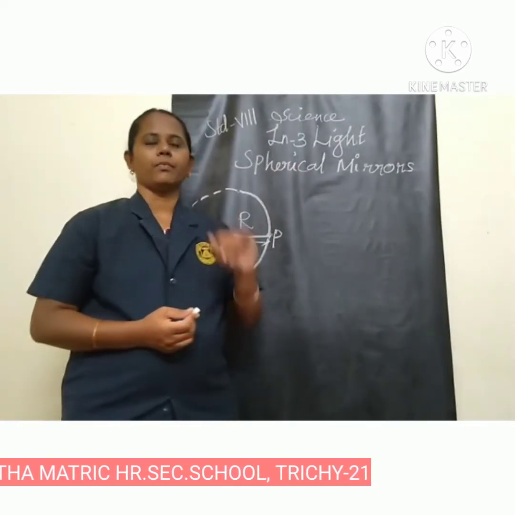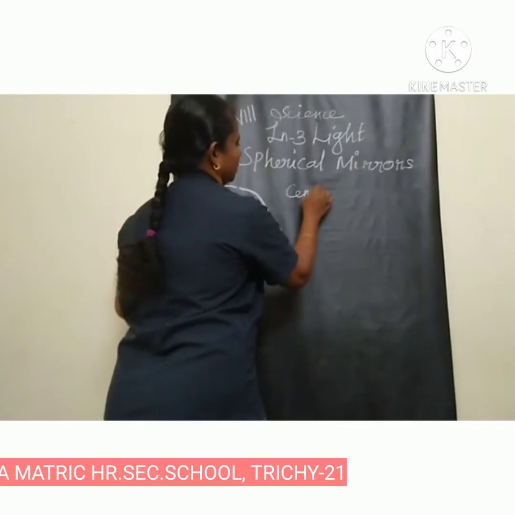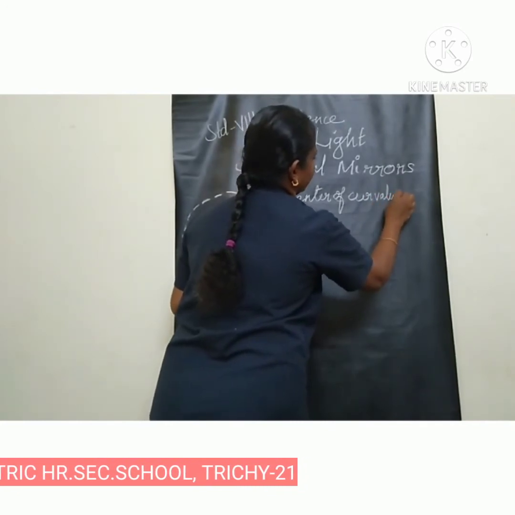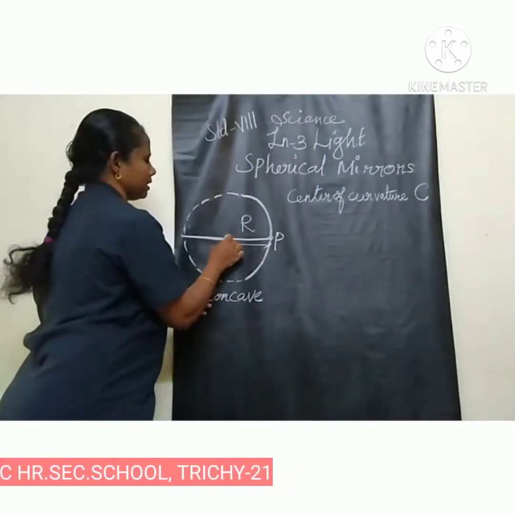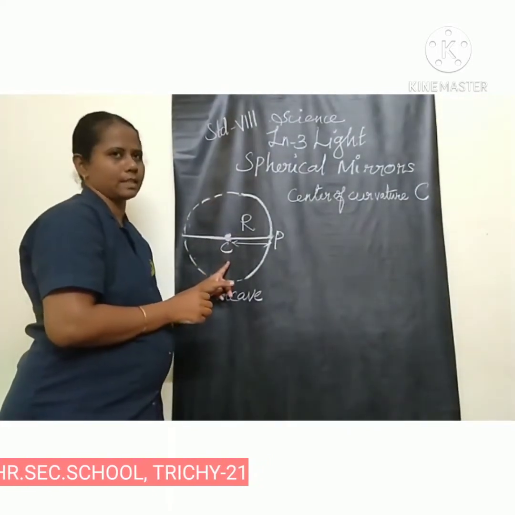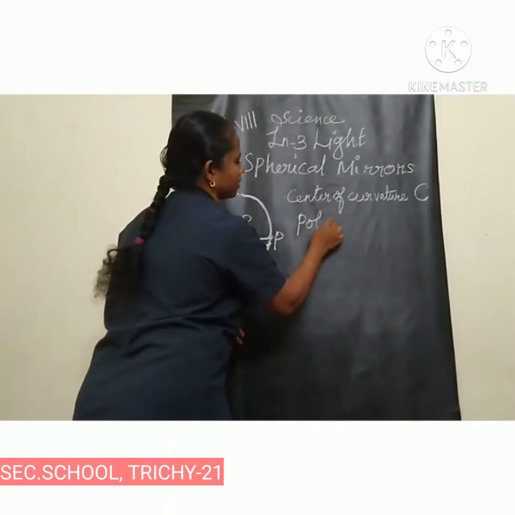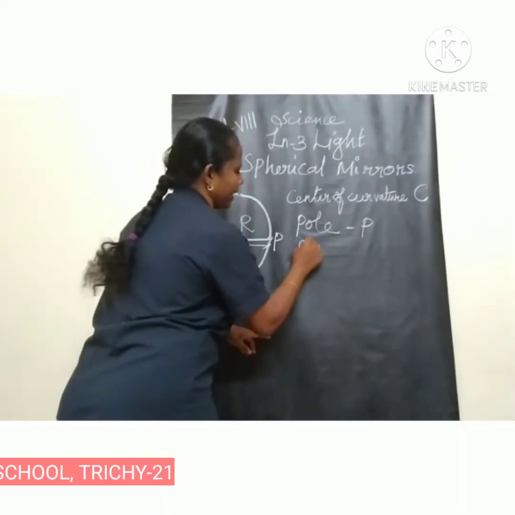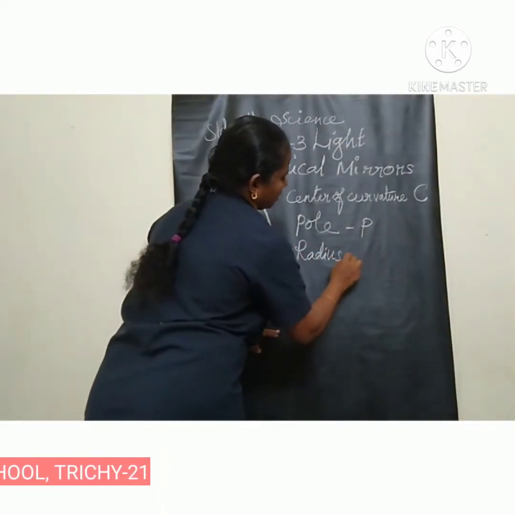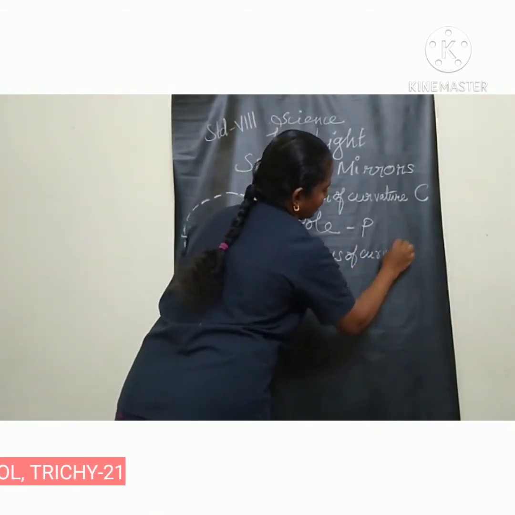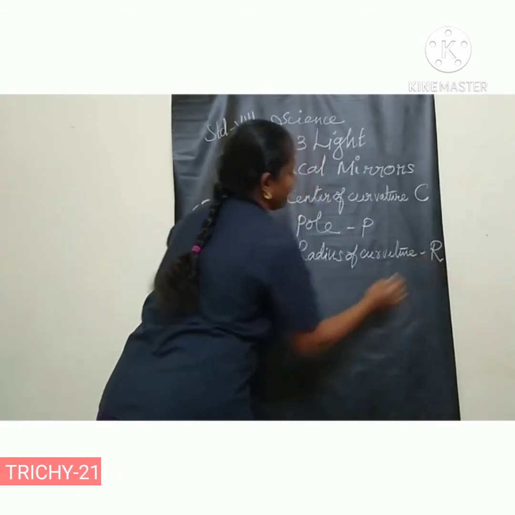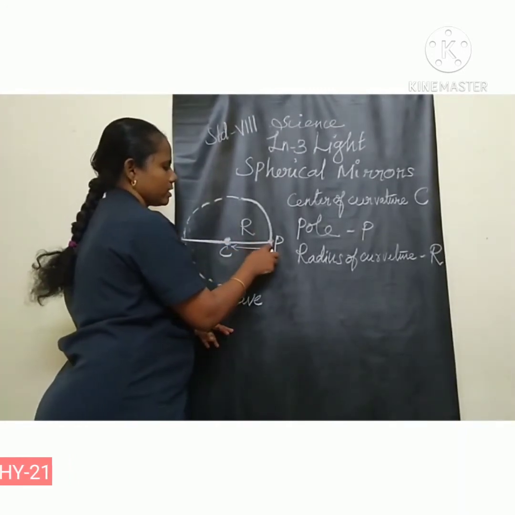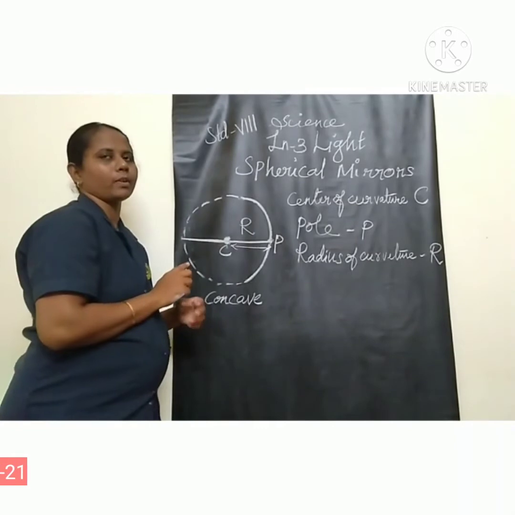For the spherical mirror, the first term, center of curvature, is denoted by the letter C. Next one, pole, denoted by the letter P. Then third term, radius of curvature, denoted by capital R. The radius of curvature is the distance between the center of curvature and the pole.